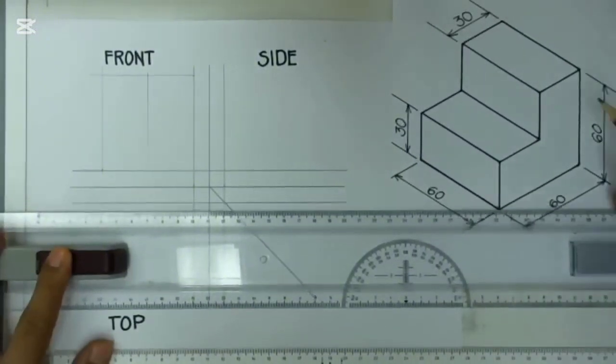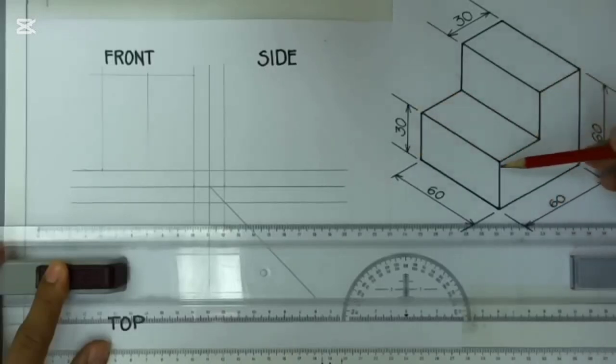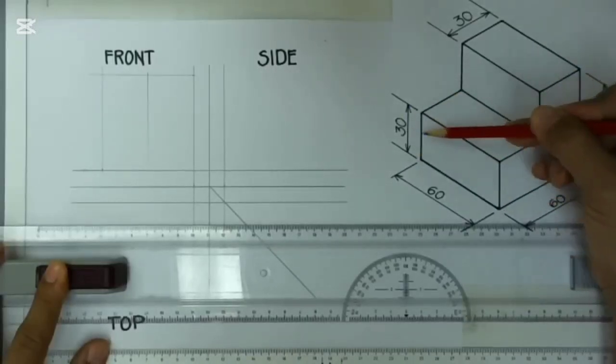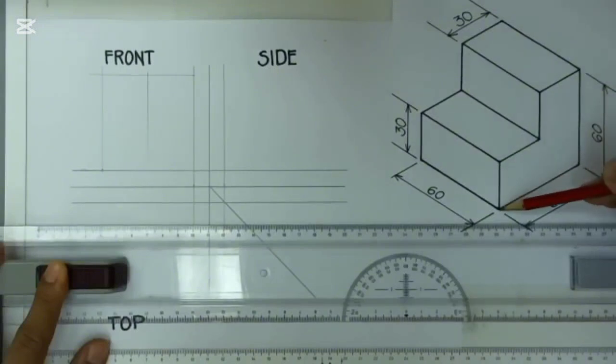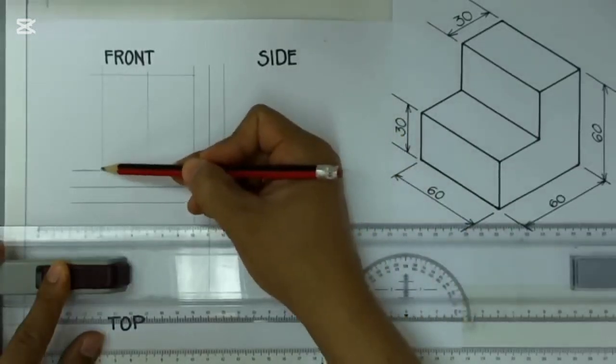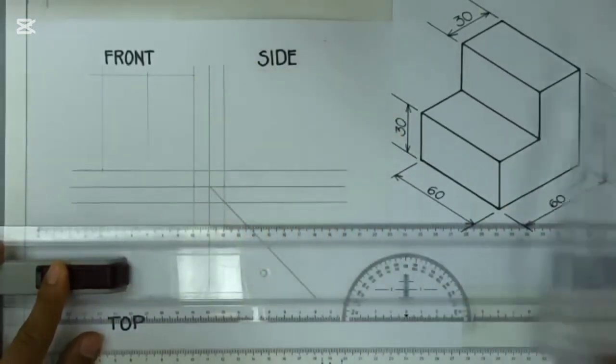And then the next thing you want to do is to determine this height, which is 30 millimeters. From here up to here. So that will be from here up to somewhere here. Let's measure 30 millimeters.